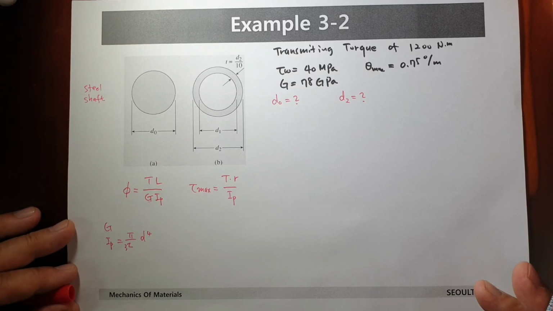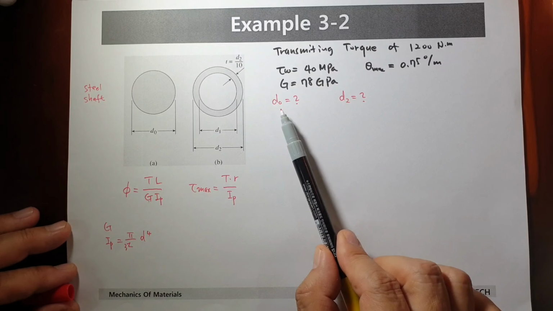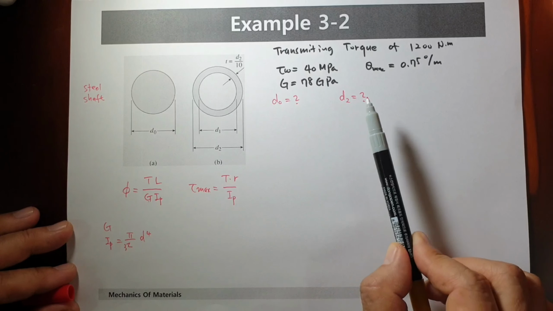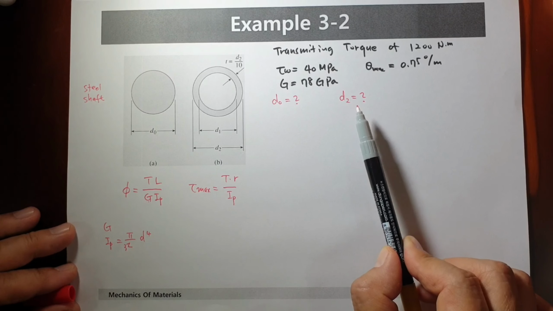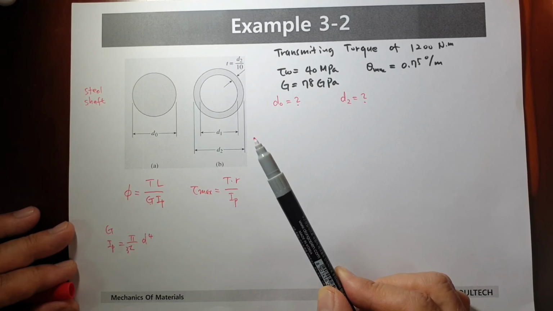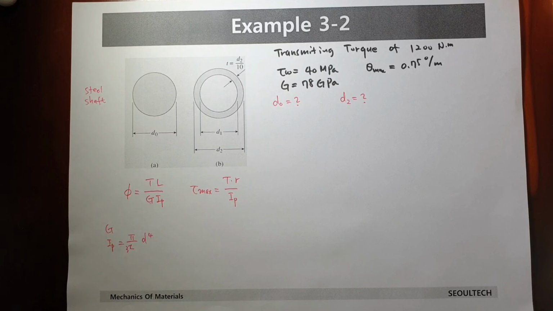In this case, we would like to know the required diameter on the left side, and the required diameter D2.